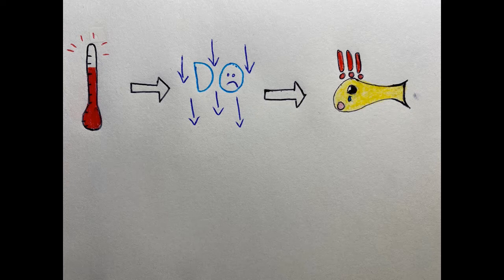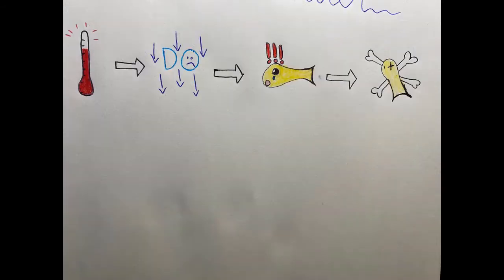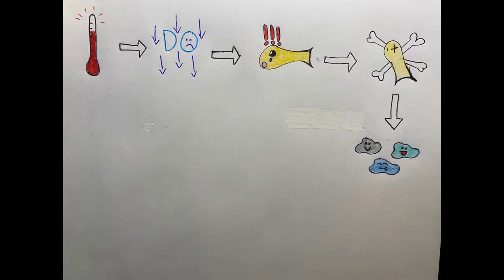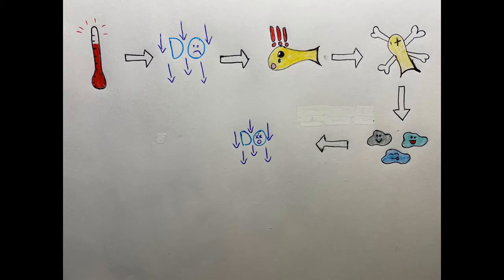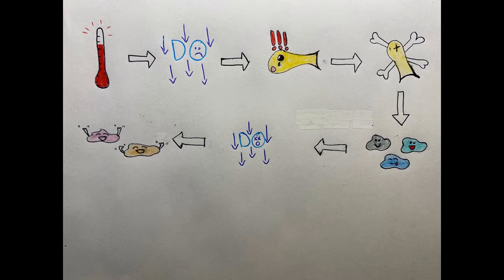Low oxygen levels stress out organisms and make it harder for them to survive. They then die, and decomposition increases, which uses even more oxygen. Once the need for oxygen surpasses the amount available, only anaerobic organisms can survive. An interesting tidbit is that for every 10 degrees Celsius increase in temperature, the oxygen consumption of aquatic plants doubles.